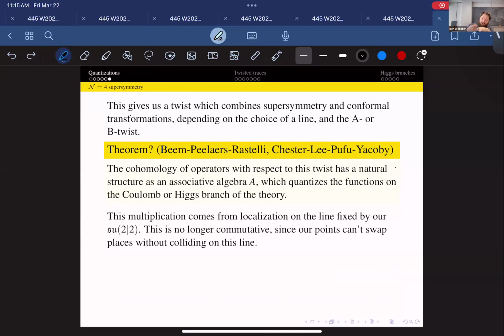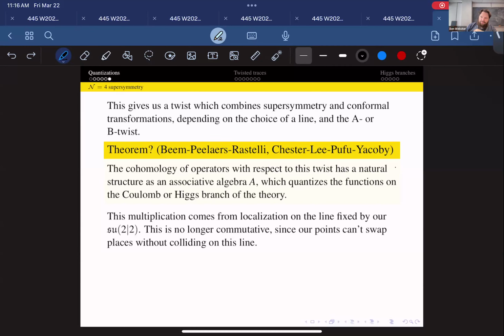It's no longer commutative because of this conformal part I put into it. But the algebra I get is still the same size as the Coulomb or Higgs chiral ring. So what I actually get is a deformation quantization, a star product on the Coulomb and Higgs chiral ring.